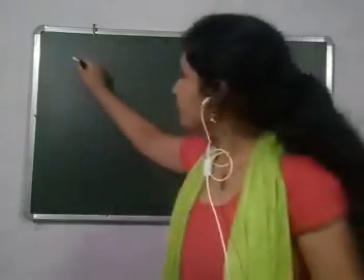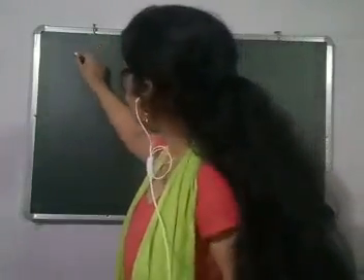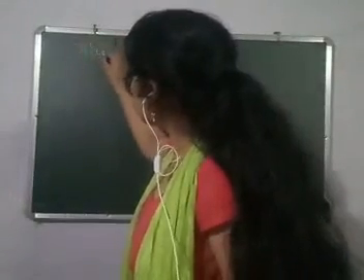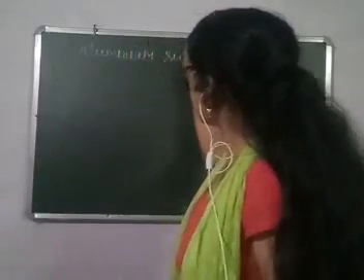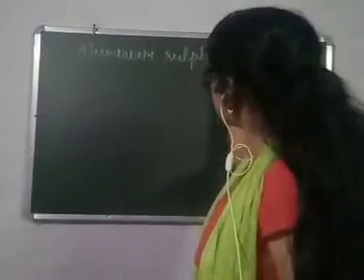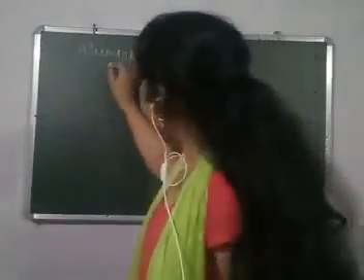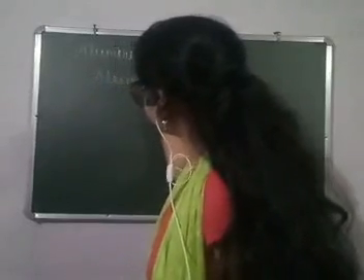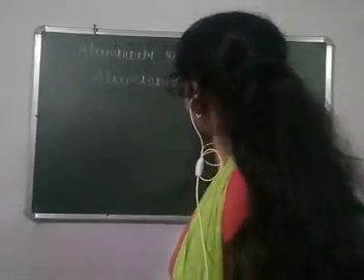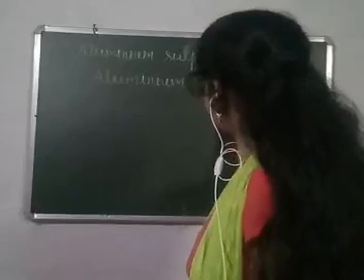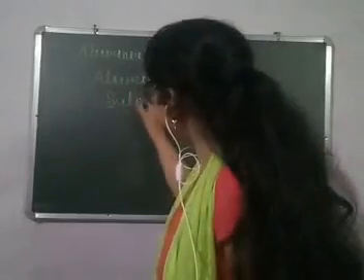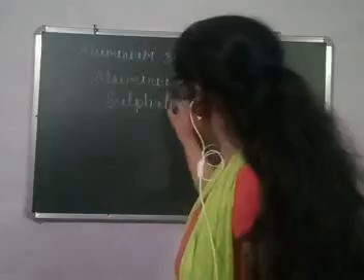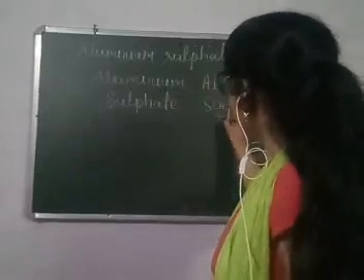Some more examples. To write the formula of aluminium sulfate, we have to write the formula of aluminium and sulfate, that is SO4 2-.